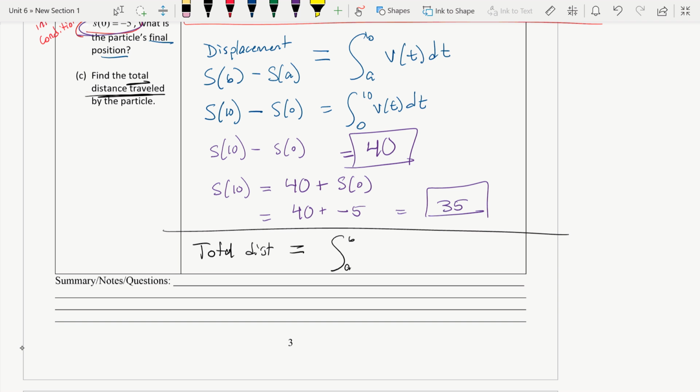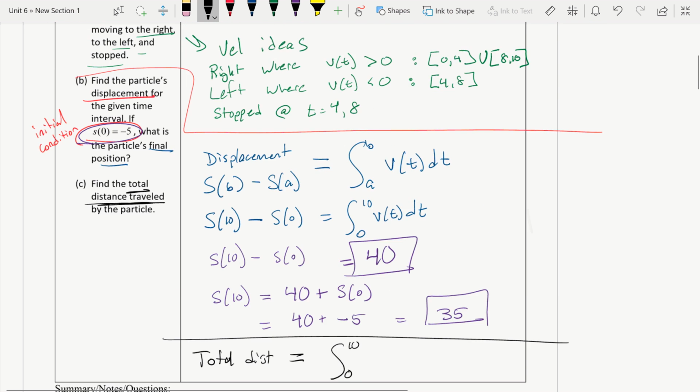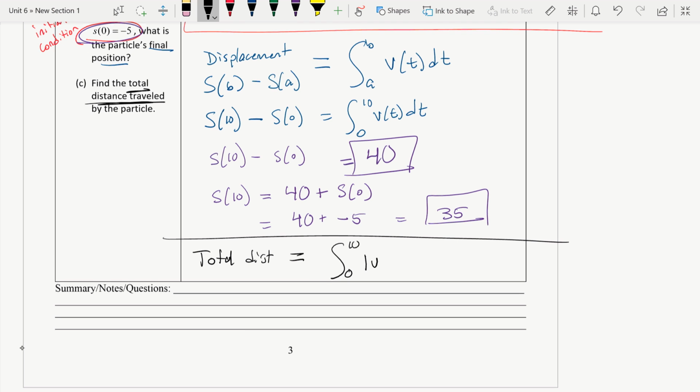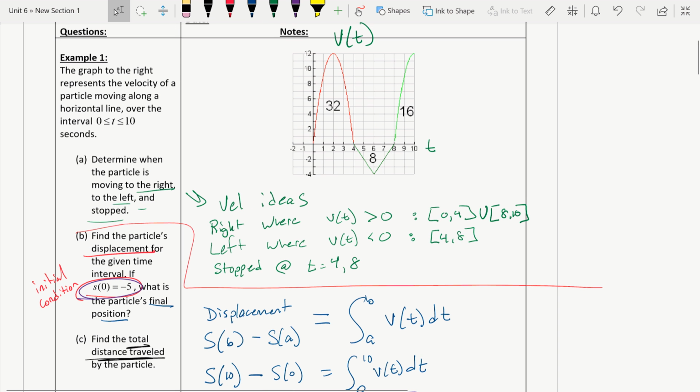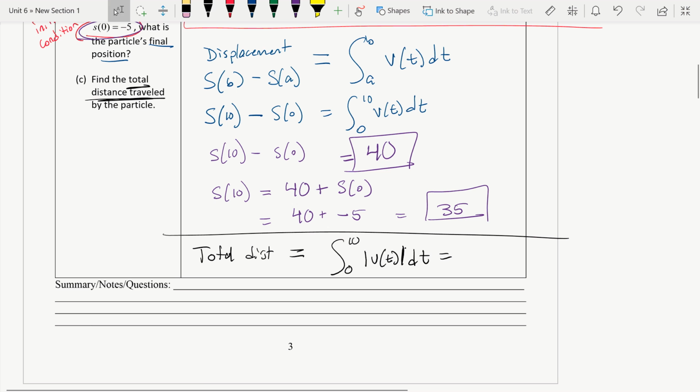Going from 0 to 10 of the absolute value of velocity would equal all of these individual areas added up, forgetting the minus on the bottom here. So we would just say that's plus 8 as well. 32 plus 8 plus 16. So 48 and 8 would give us 56. And again, if we had units, I would label them. I do not see units here, so I think we're good to leave it.